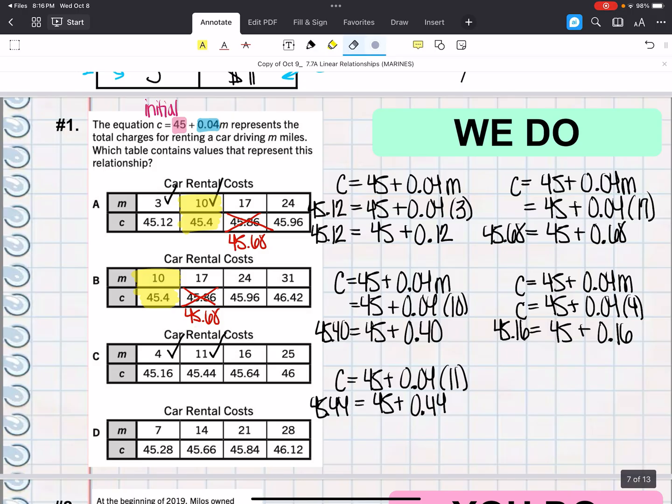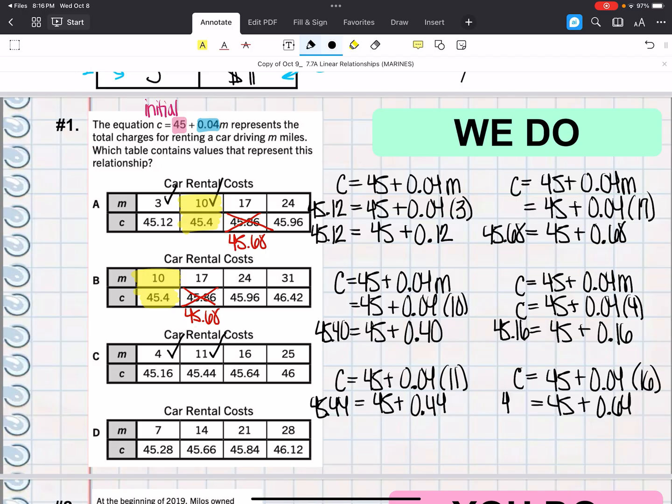Now we can check 16. 16 miles at 4 cents a mile. So here now we would multiply 16 times 4 cents. That's going to give you 64 cents.